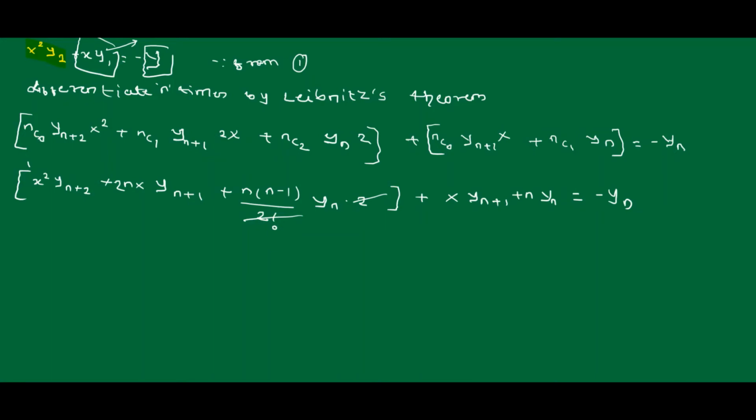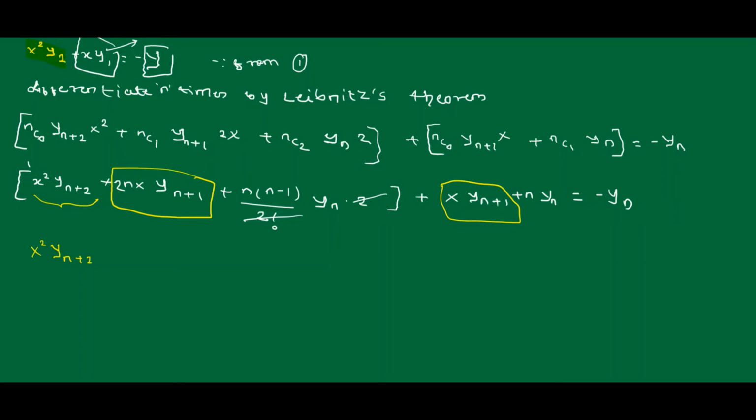Now here collect the terms containing y(n+2). The term containing y(n+2) is only one term, that is x square y(n+2). Okay, now collect the terms containing y(n+1). They are 2nx y(n+1) and x y(n+1).